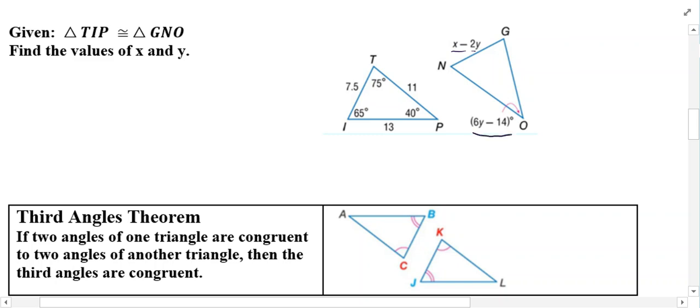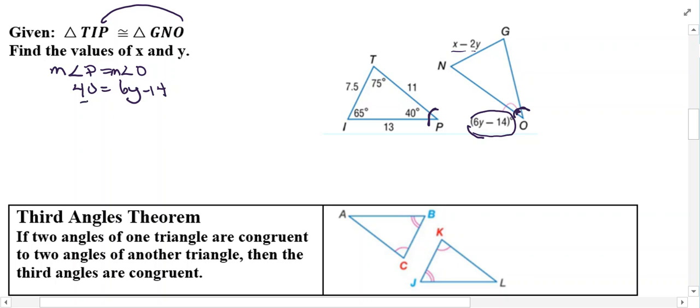I have to start with Y right here, and that corresponds to angle O. I know that angle O is congruent to angle P. So since the measure of angle P is equal to the measure of angle O, I have that 40 equals 6y minus 14. Add the 14 to both sides, and I have that 54 equals 6y. Divide both sides by 6. And I have that y is equal to 9.